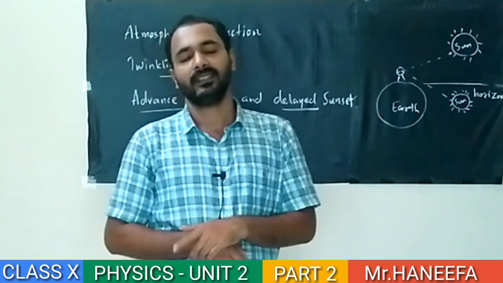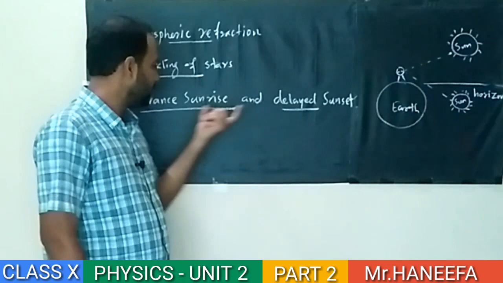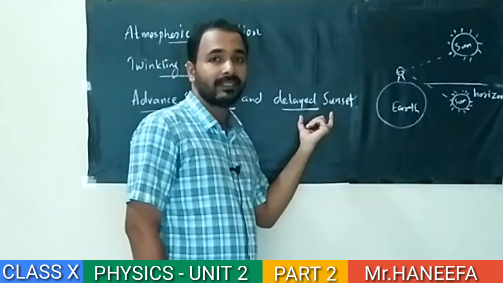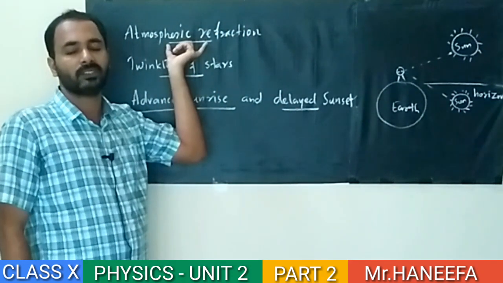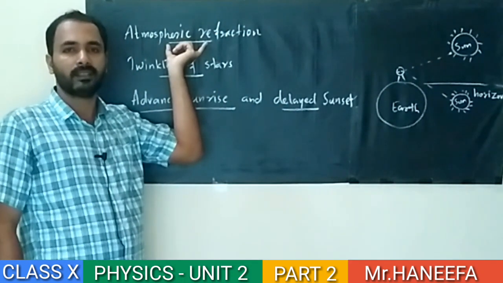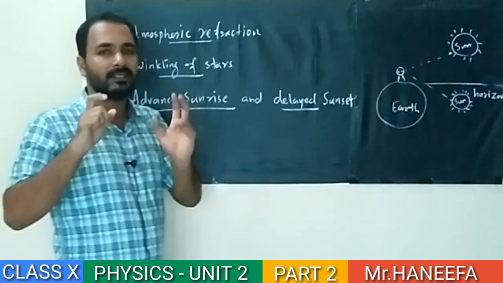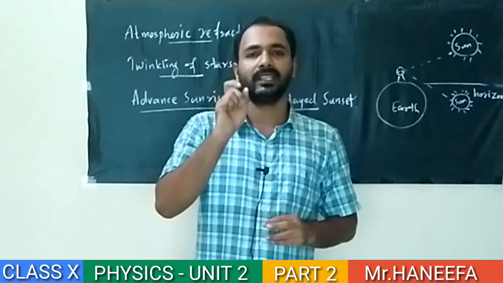That phenomenon is called delayed sunset. Advanced sunrise and delayed sunset are applications of atmospheric refraction. Clear? What is atmospheric refraction? The refraction that takes place in the Earth's atmosphere is called atmospheric refraction.